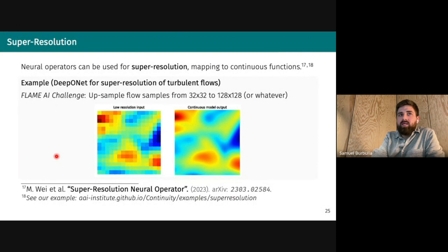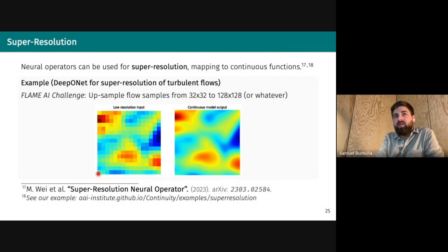And finally, one example of super resolution. Neural operators can use super resolution because they map to continuous functions. So here's an example from a Flame AI challenge, where the task was to upsample images from 32 resolution to a higher one.